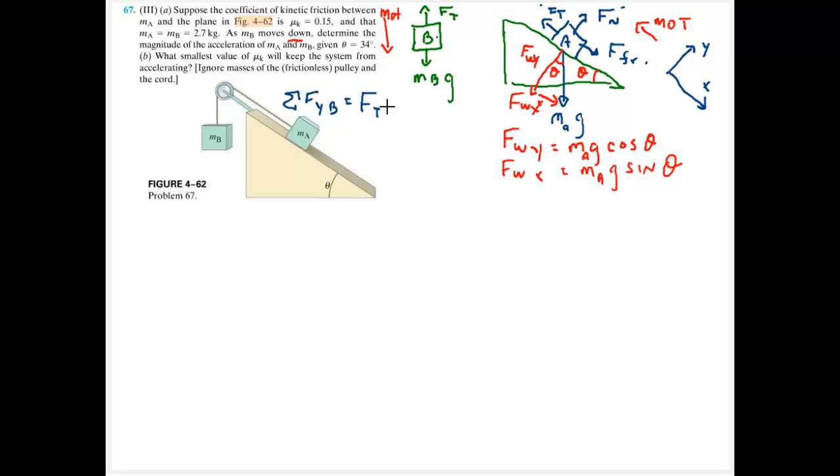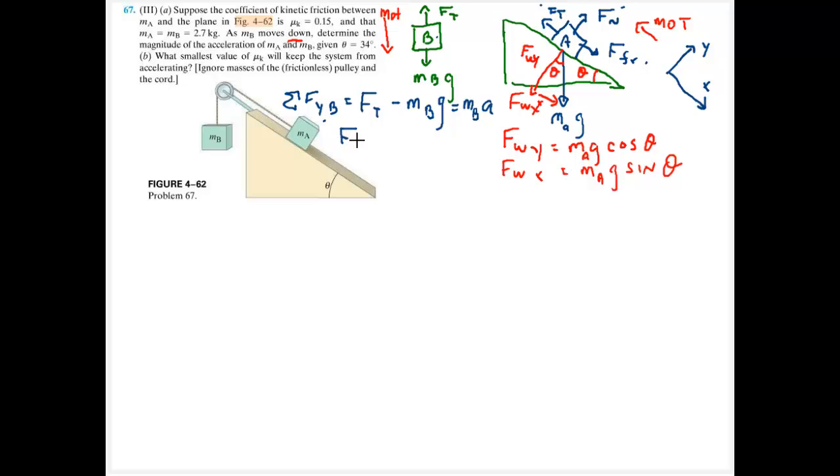So force of tension minus mass of B multiplied by gravity. That's my sum of the forces. The sum of the forces is equal to the mass times the acceleration. I don't know what that acceleration is, but there's a good chance I'm going to be solving for it because that's what it asks me to solve for.